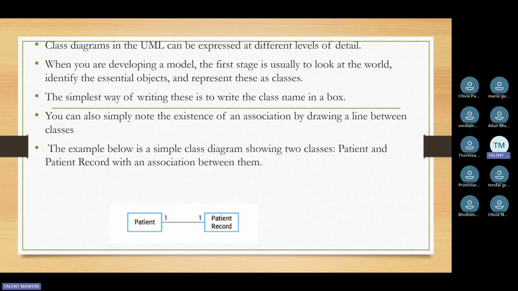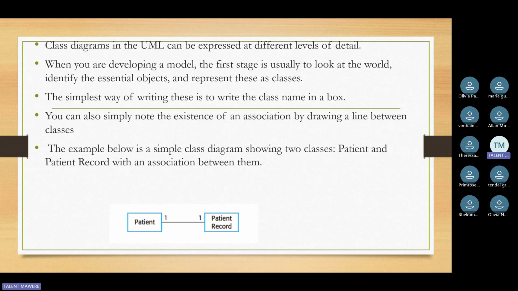When you're developing a model, the first stage is usually to look at the world, identify the essential objects, and represent these as classes. So what am I saying here in a nutshell? I'm simply saying that whatever system that you want to develop, identify the essential objects or the essential entities that are going to be in that particular system.